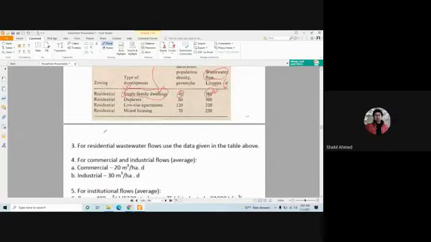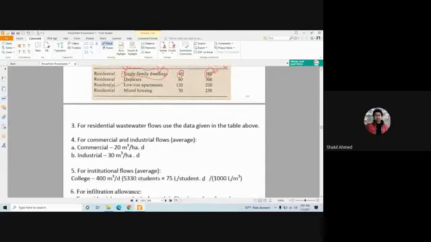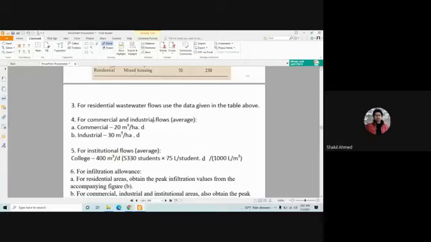Number three is residential wastewater flow, which is given. Number four is commercial and industrial flows. Now, from commercial area, they have given that the wastewater flow is 20 meter cube per hectare per day.